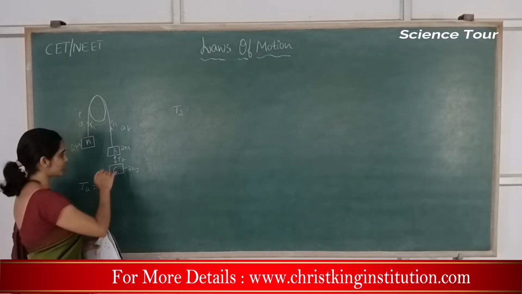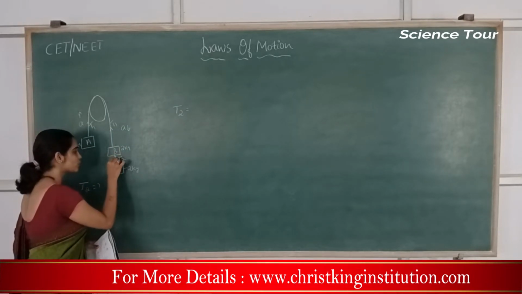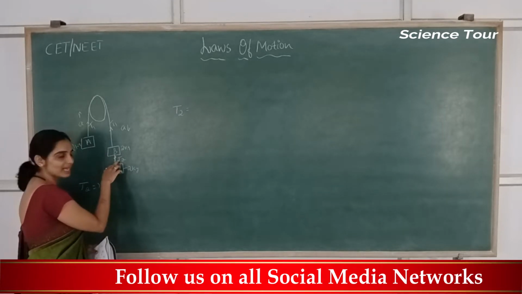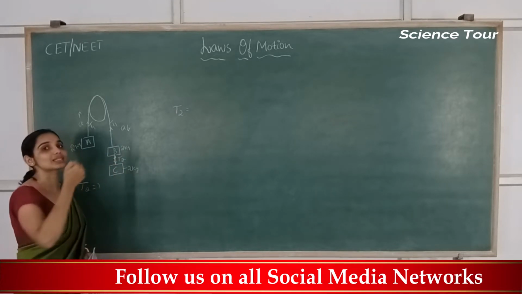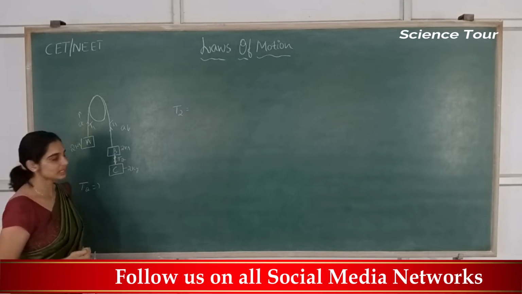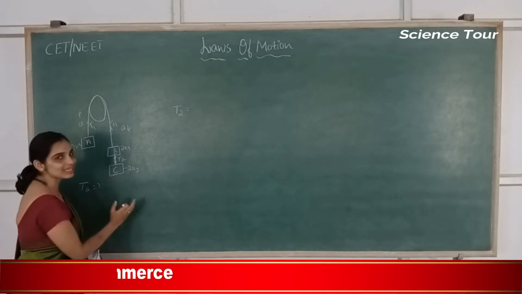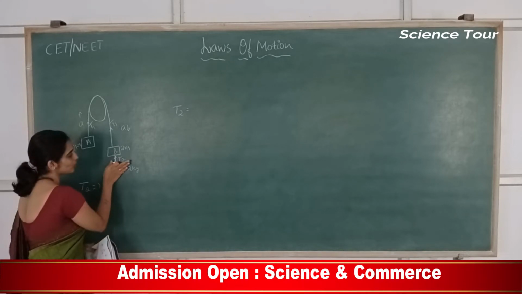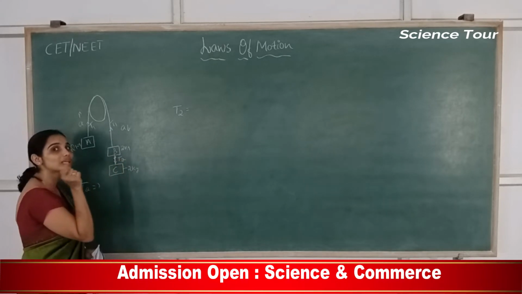Remember students, T2 is the tension acting on this string. That tension will exist only if this string is stretched. Now C is stretching the string. If C is not present, then this string wouldn't stretch.